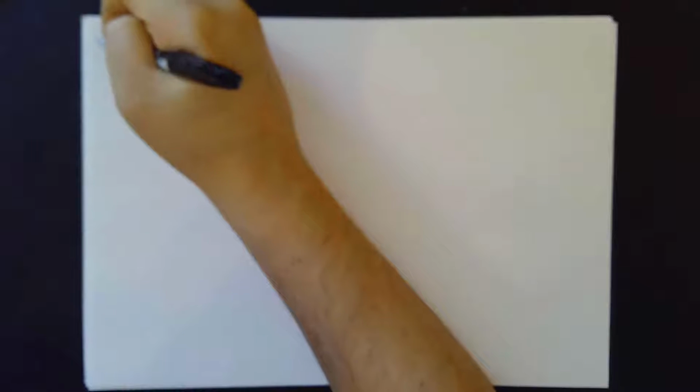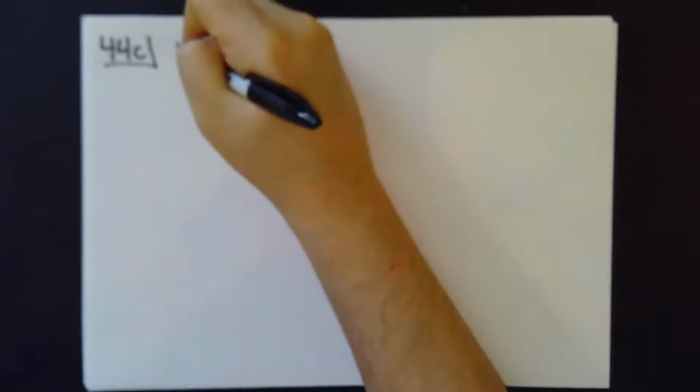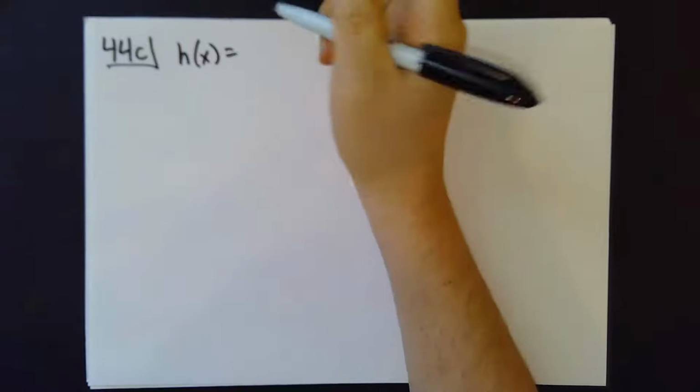Okay, we also had a question about 44C, where the question was more specifically about what happens when you go to actually solve this. So it's the same style of question.